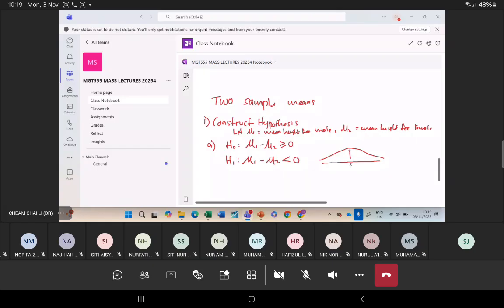So symmetry about the mean 0 kat sini. And then you have the alternative hypothesis, the symbol is less than 0. So less than 0 maksudnya there will be the tail to the left, right? You have the left tail. So this is your decision region. This part is the non-rejection region, and this side is the rejection region. Ini adalah rejection region. This is non-rejection atau acceptance region.